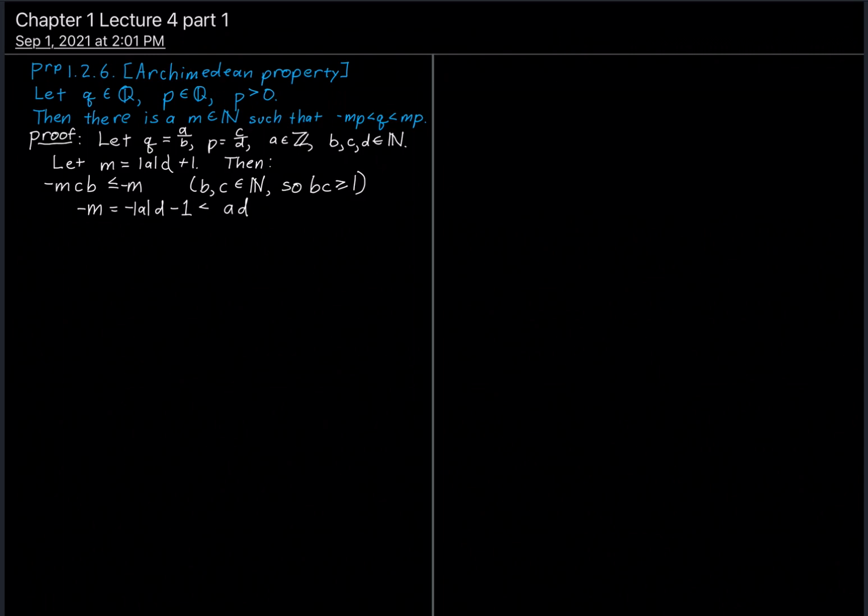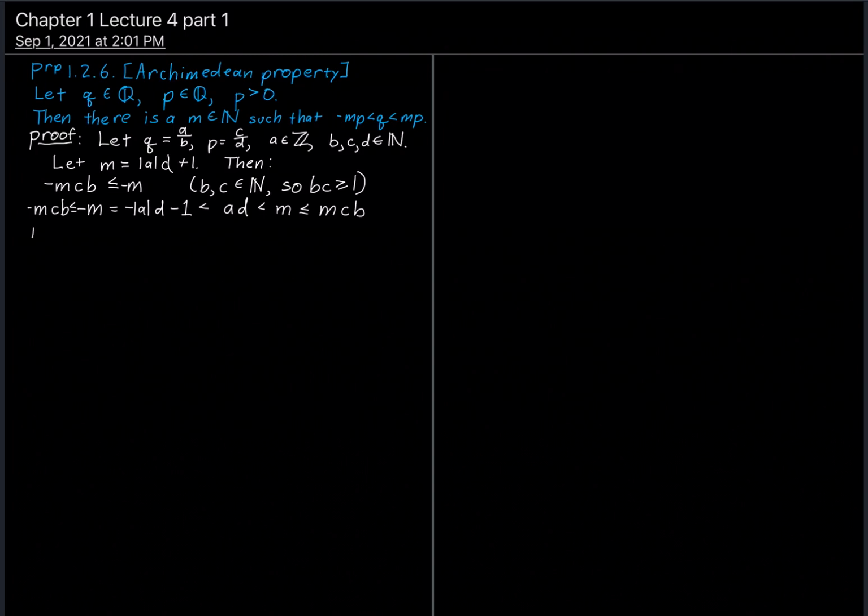Negative the absolute value of A is less than or equal to A, and then multiplying by a positive integer D, and then subtracting 1 certainly isn't going to make you bigger. Then, a very similar argument: AD is less than or equal to M, which is less than or equal to M times C times B.